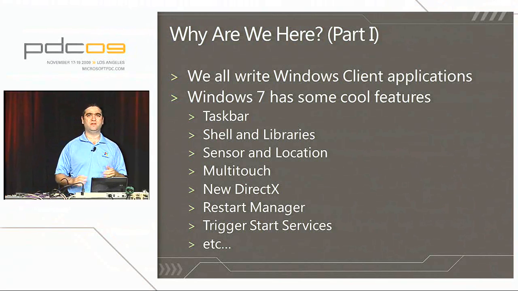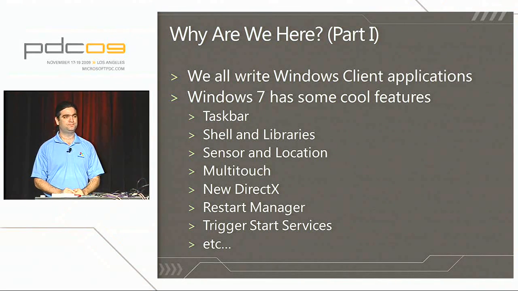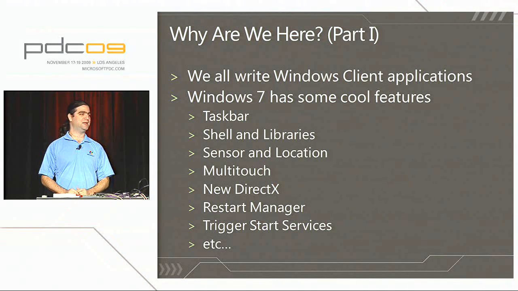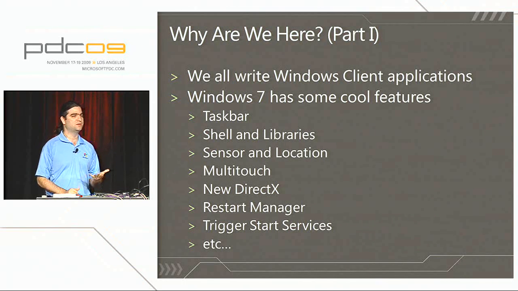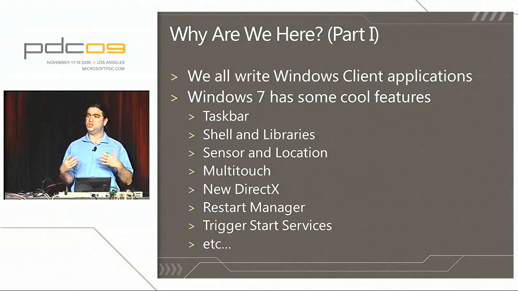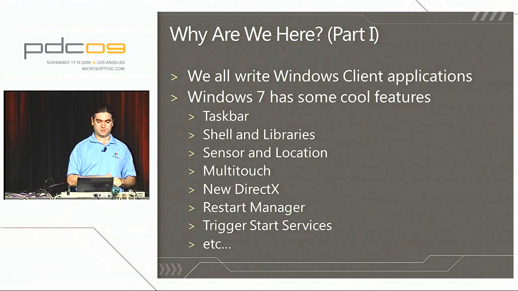And with Windows 7, we have no exception, right? It's a great operating system. It runs very well. It uses fewer resources than its predecessor. It performs better, and eventually it provides new and exciting features, both for developers and users.